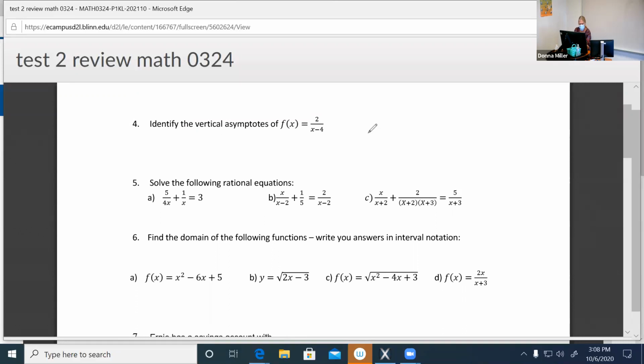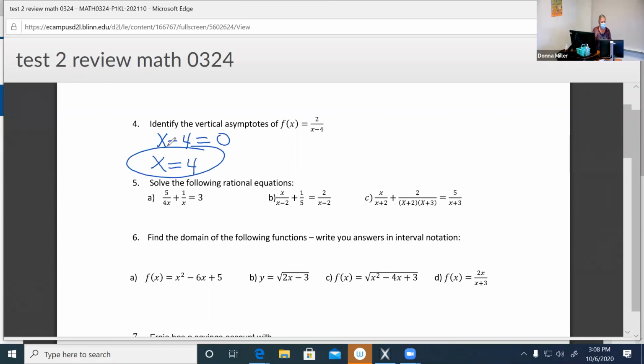All right, so for number 4, vertical asymptote, just set the bottom to 0, right? Move the 4 over, it's x equals 4. For a vertical asymptote, it's x equals whatever, right? It's not just a number, it's x equals. All right, now a rational equation, we can solve these algebraically or with the calculator. It's not going to matter, right? So I figure I'll do one of each.